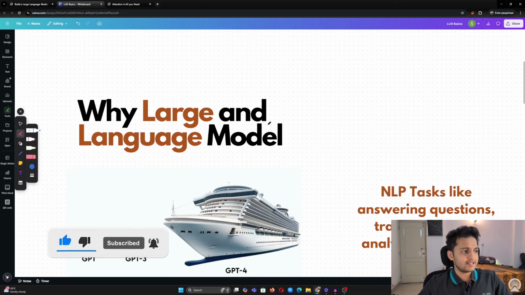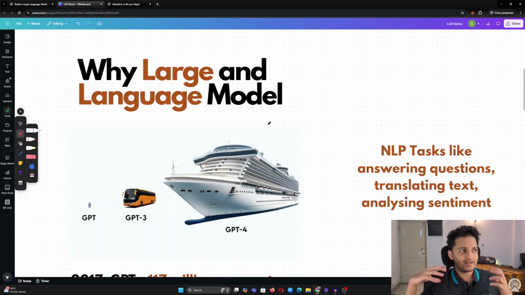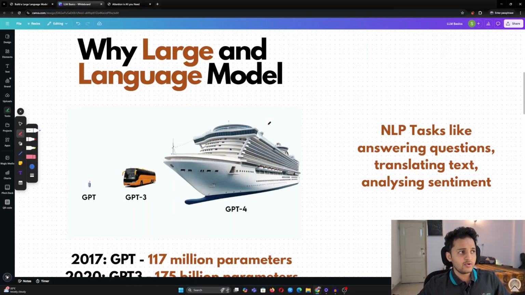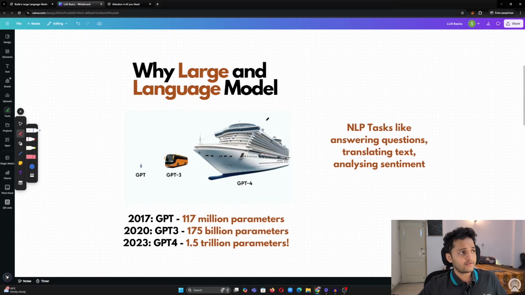Now let's talk about why it is called large and what language actually means here. It's called large because of two different reasons. Reason one, it's large because it has a lot of workers. It has a lot of parameters to train.